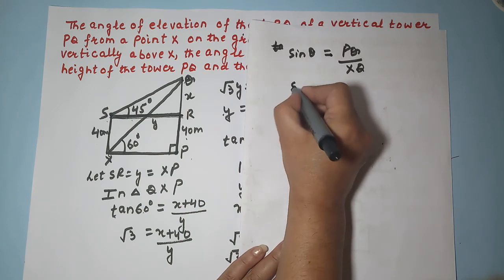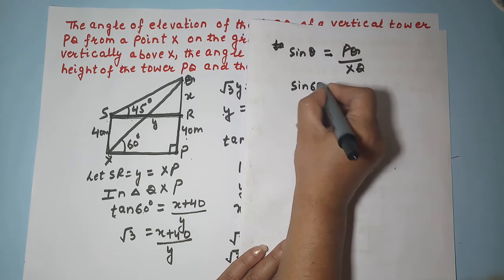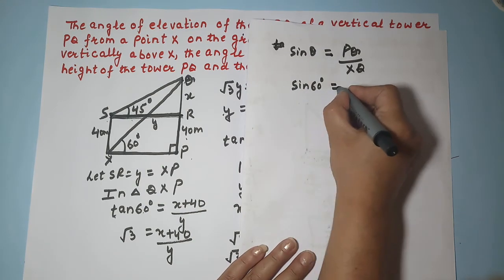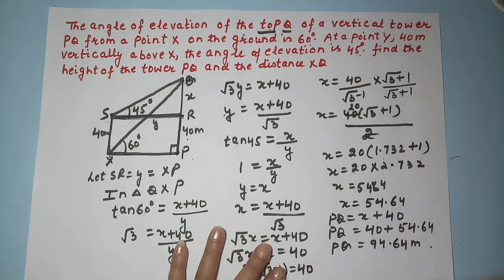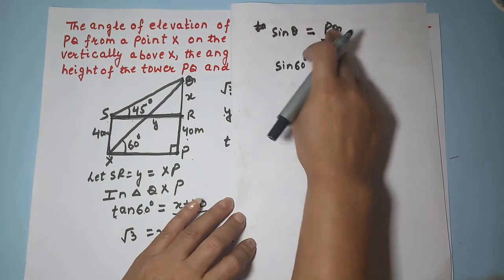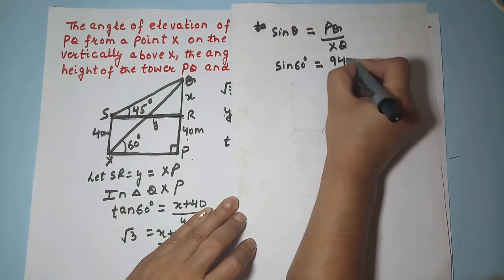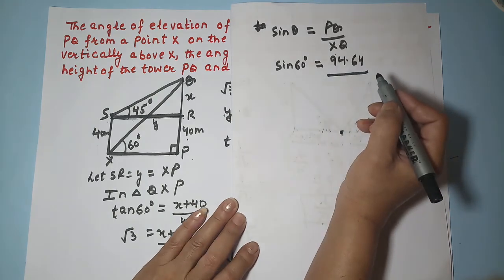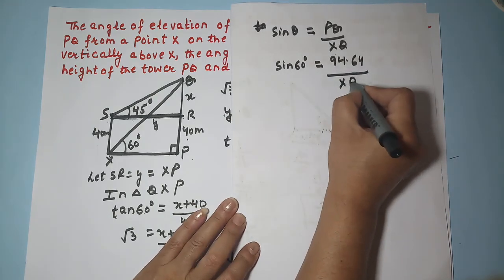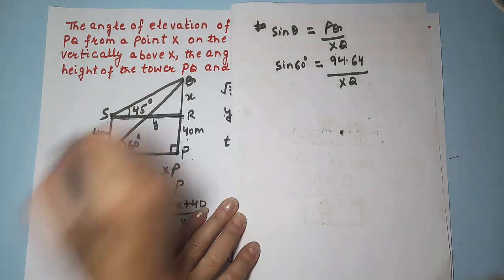So theta is 60, sine 60 is equal to PQ. I have got here 94.64, so I can put the value of PQ as 94.64 divided by XQ, right? That is what I have to find.